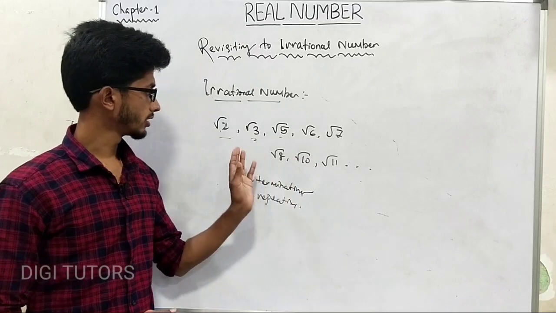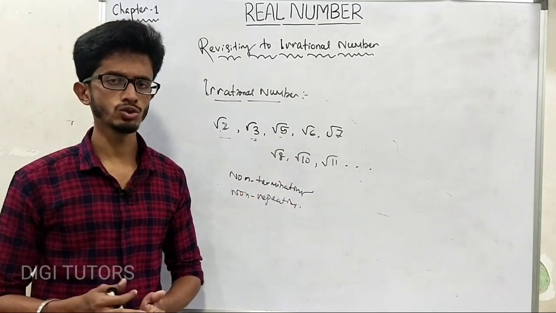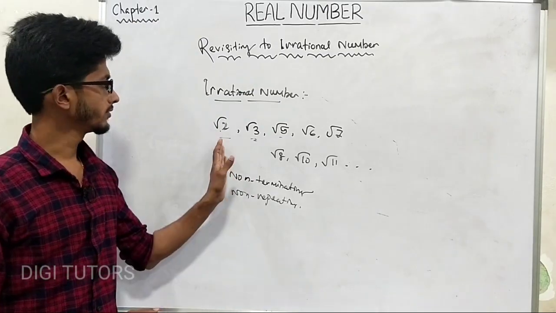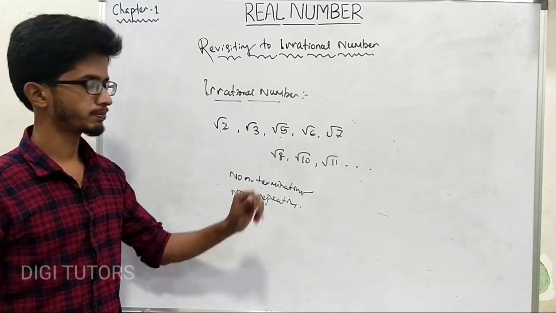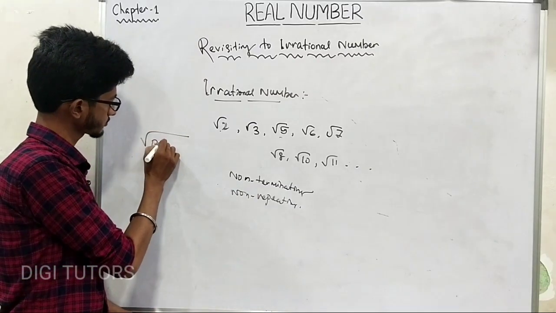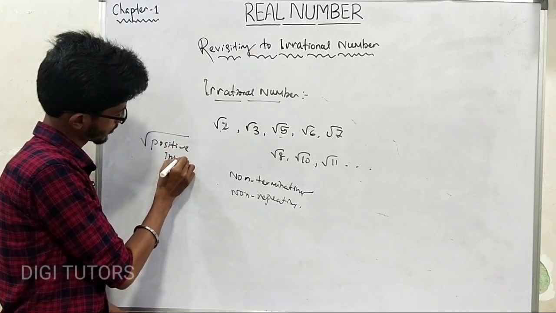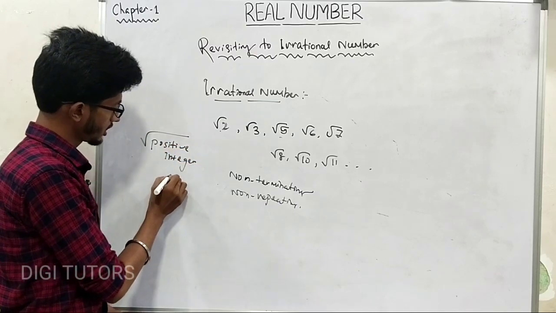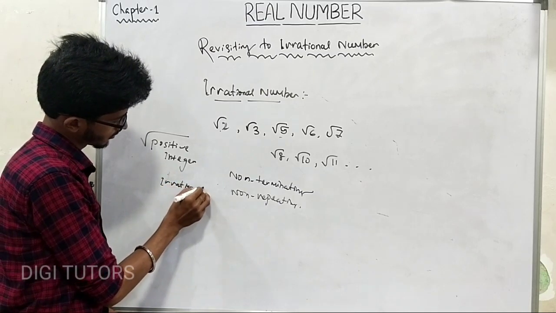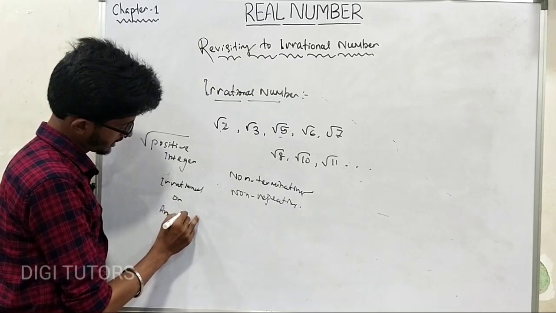In these numbers there are mainly positive integers, and we can also divide them into prime numbers and composite numbers. The square root of any positive integer gives us an irrational number or an integer also.